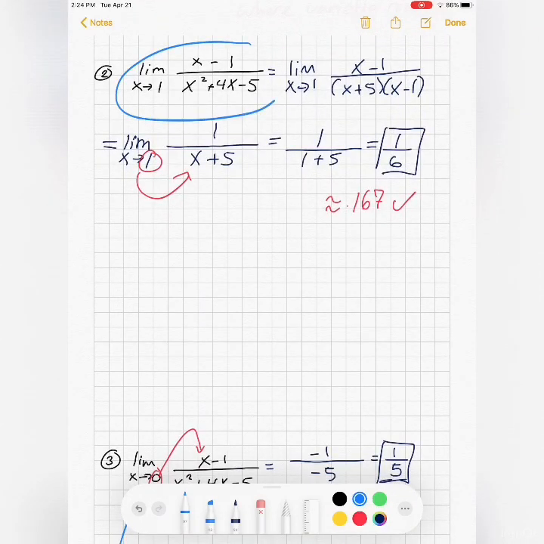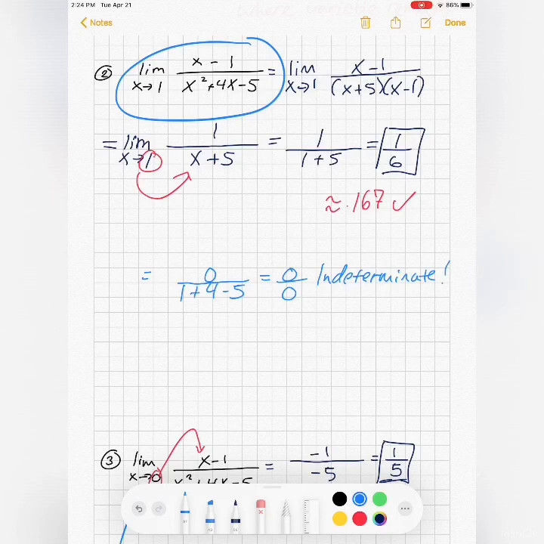Same idea with part 2 here. If I was to just try to plug the 1 in, well, what would I get? I'd actually get 0/0. This is called indeterminate. That means I don't know what happens.